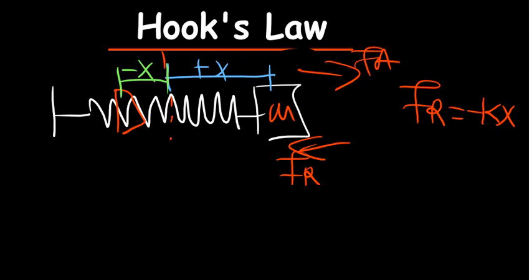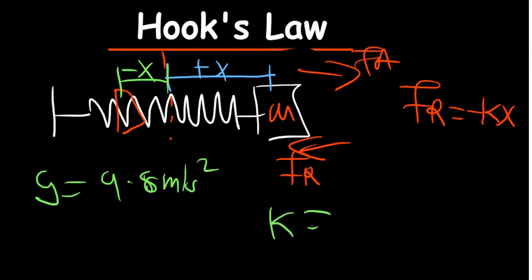It's a spring constant. It's a constant. I can give an example: g is constant, which is 9.8 meters per second squared. So k is also constant. Now what is the value for k?